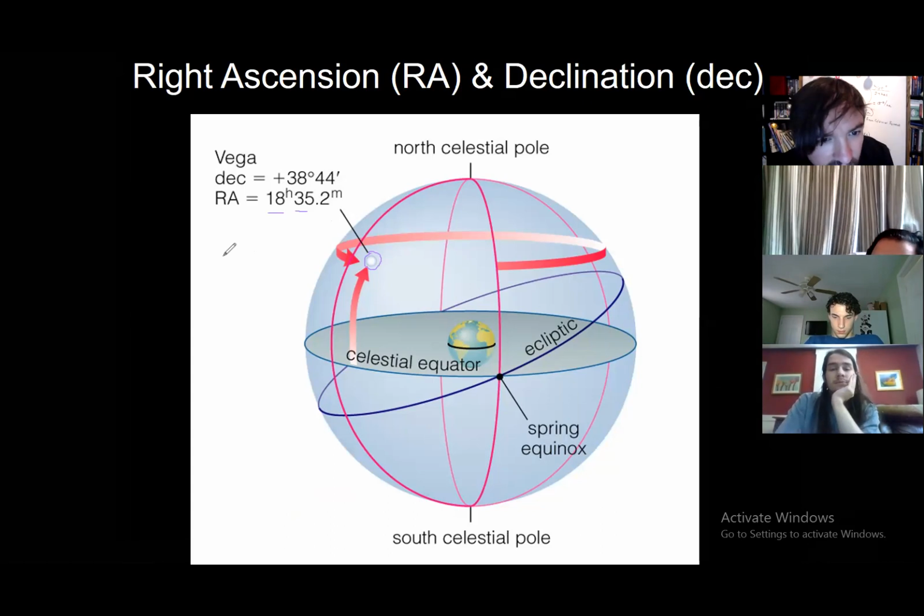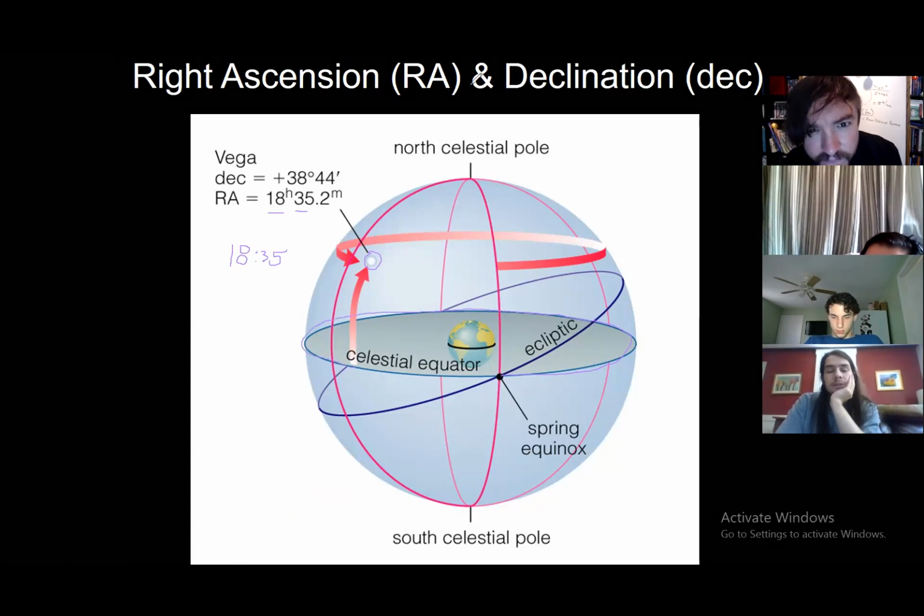They wrote it like slobs. Normally the way people write ascensions is like a military clock: 18 hours and 35 minutes. What that means is you start at the spring equinox, you go eastward, which is counterclockwise, you go 18 hours around the clock, which is right about here, and that's your right ascension.